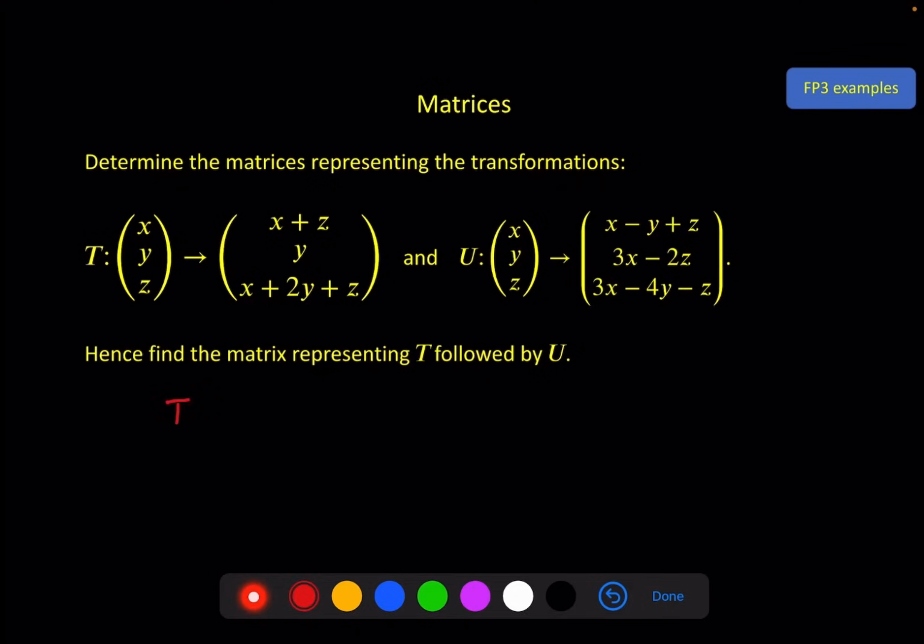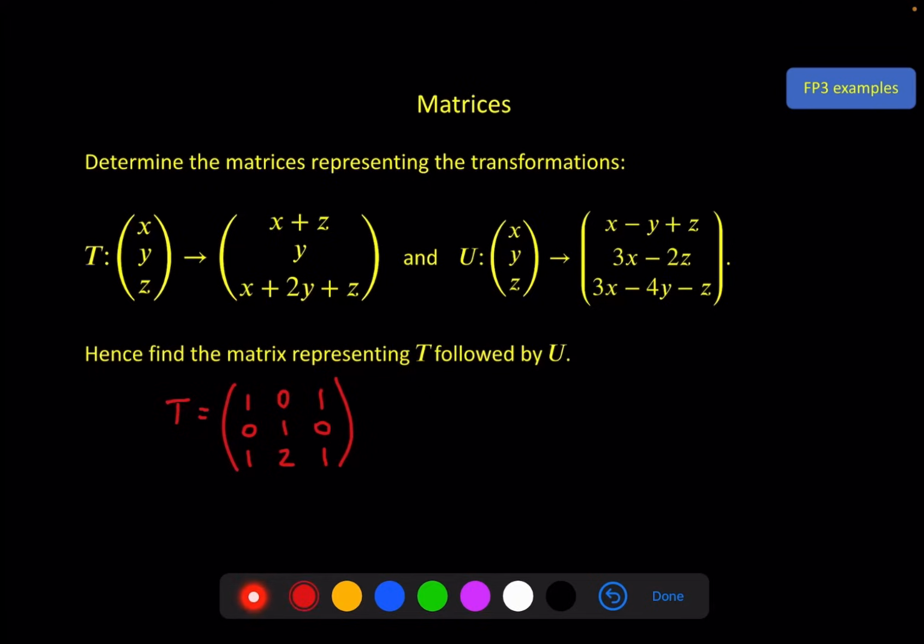So the matrix T, taking the coefficients of x, y, and z, 1, 0, 1, and the coefficients of x, y, z on the second element, 0, 1, 0, and the coefficients of x, y, z on the third element, 1, 2, 1. And you can see that the coefficients here have just been used to make the matrix.